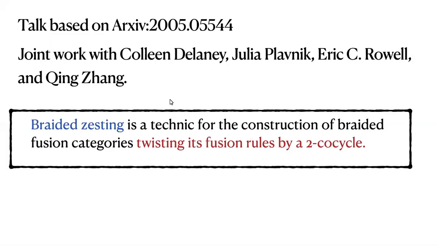This technique was used previously, and I will talk a little later about that, but it was used, for example, for the construction of supermodular categories, and also for the construction of some, let's say, strange modular category that we found when we were classifying modular categories of dimension 36.